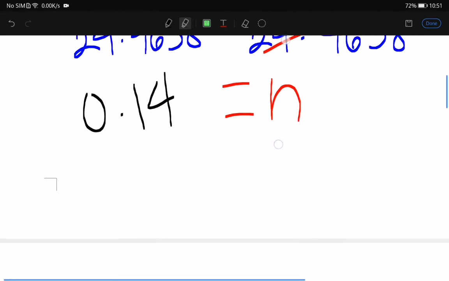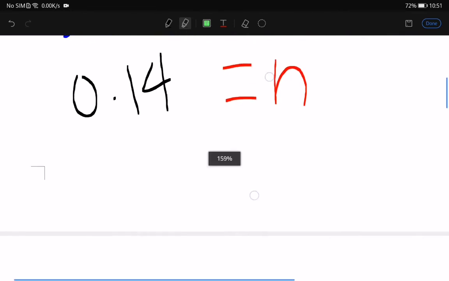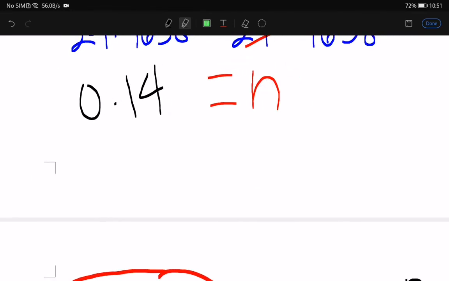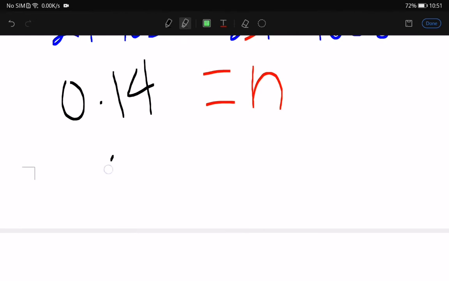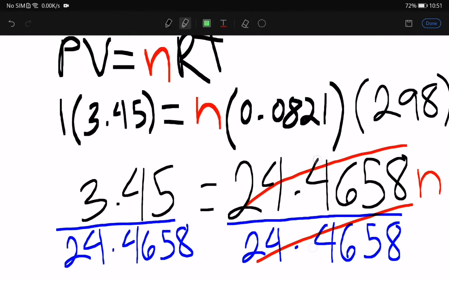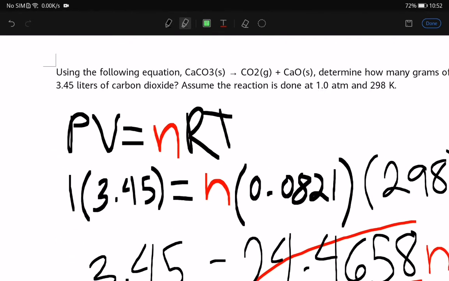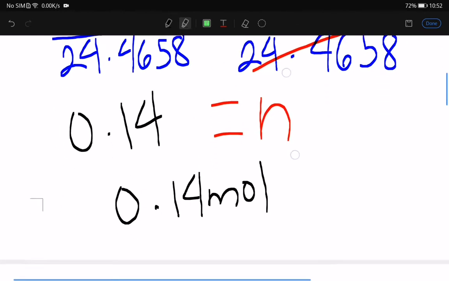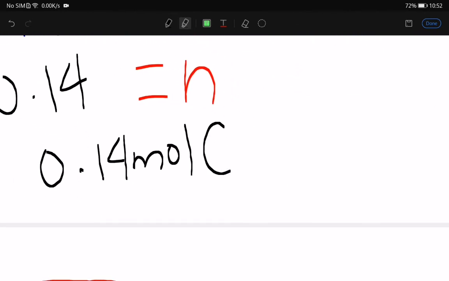So ito na yung magiging number of moles because that is N. So you will have 0.14 moles of, ba hinahanap natin? This is carbon dioxide. 0.14 moles of carbon dioxide. So yan yung first step natin.